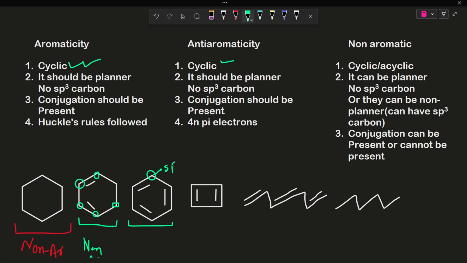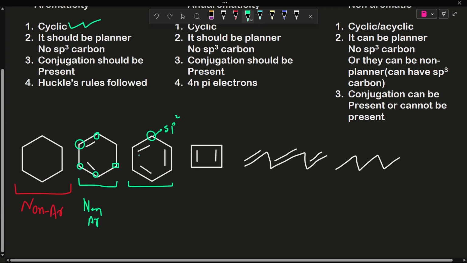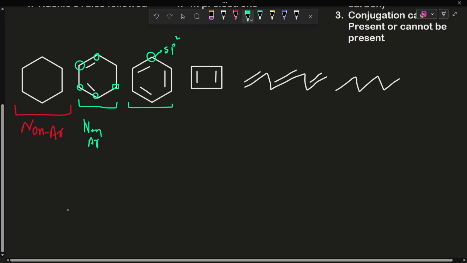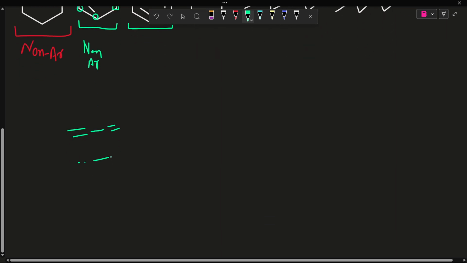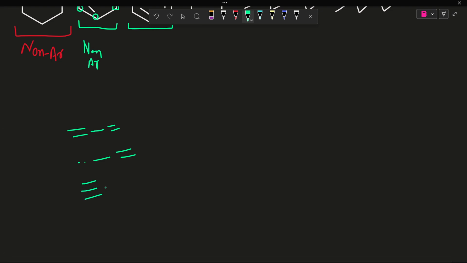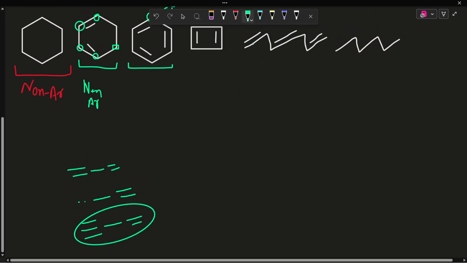Fine. What about its conjugation? Is conjugation present? Double bond, single bond, double bond. It is a conjugation. What about this thing? This is also conjugation. Lone pair, single bond, double bond. What about this thing? Triple bond, single bond, double bond. These are all conjugated systems, and you might be knowing about that.